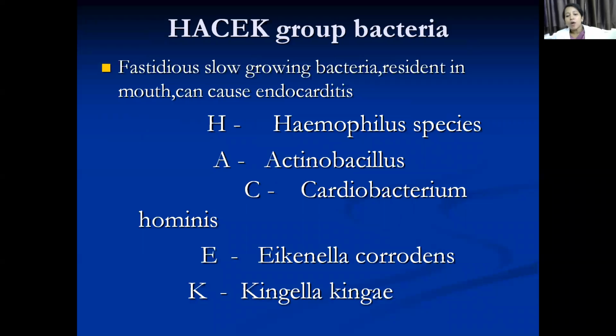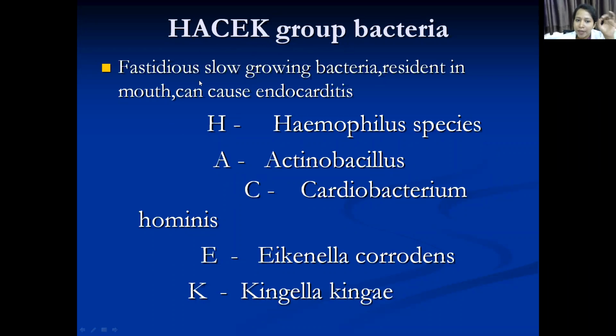Okay, so now coming to the last part of this topic, the HACEK group of bacteria. So remember this is a short form abbreviation of these organisms. What are the HACEK group of bacteria?